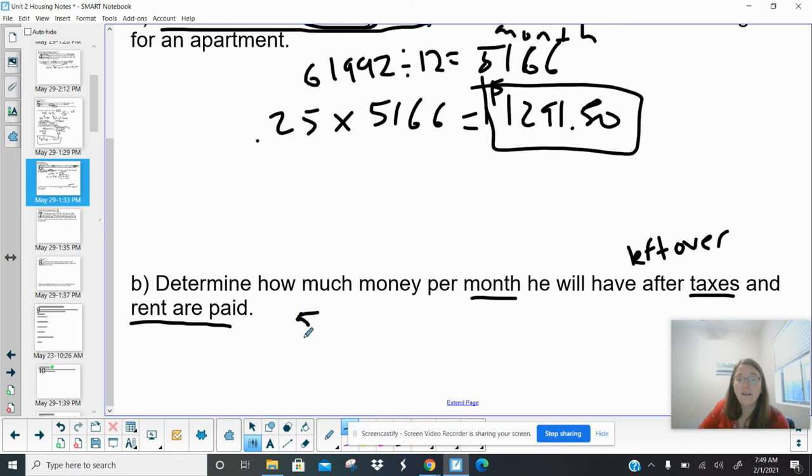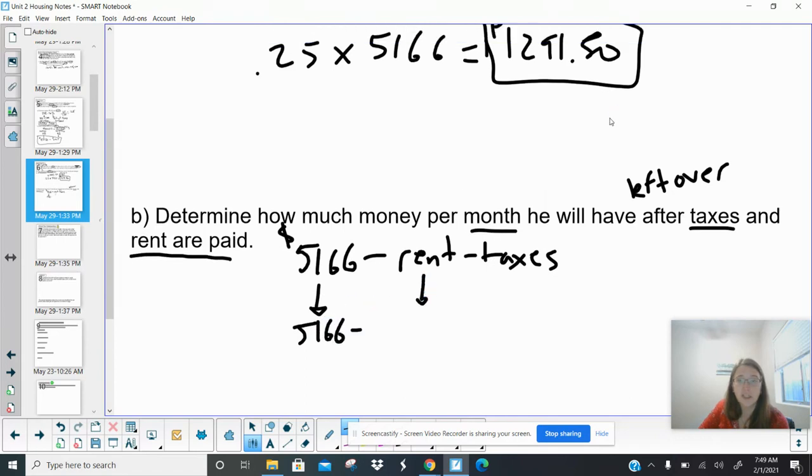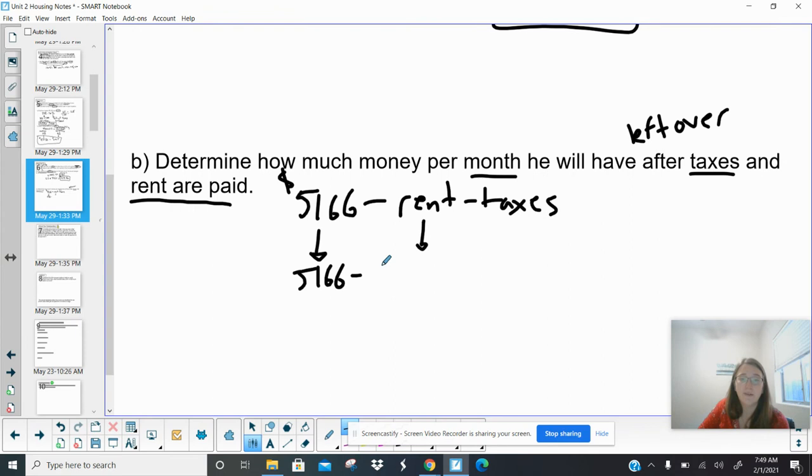He had $5,166 to start with. What we're figuring out is after, so left over here means to subtract, rent and taxes are paid. How much money does he have left over? So we're going to drop this down. 5,166 minus, we just figured out rent is 1291.50 if he gets an apartment that costs exactly that much.